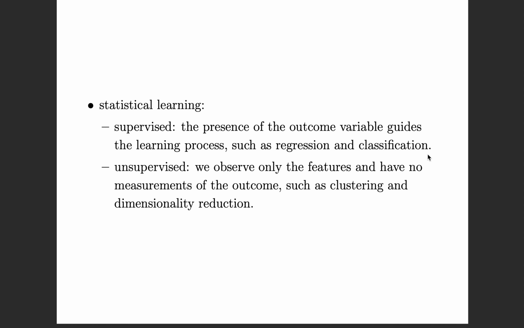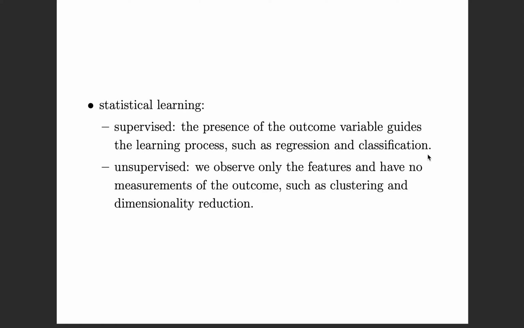Well, statistical learning, roughly speaking, refers to a vast set of tools for understanding data. And these tools can be classified as supervised or unsupervised. Supervised means that there is the presence of an outcome variable that guides the learning process, such as regression and classification.